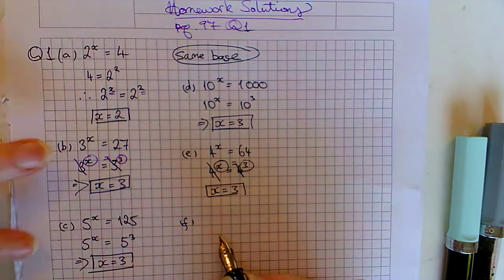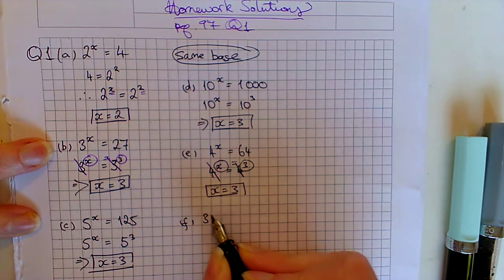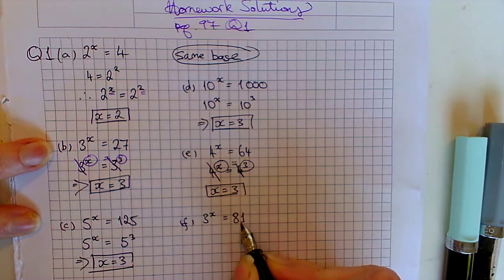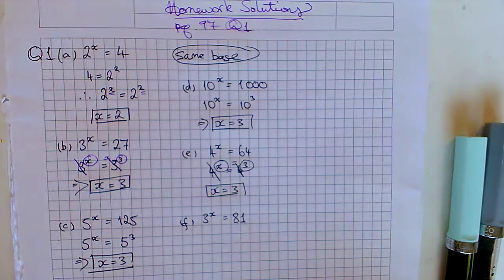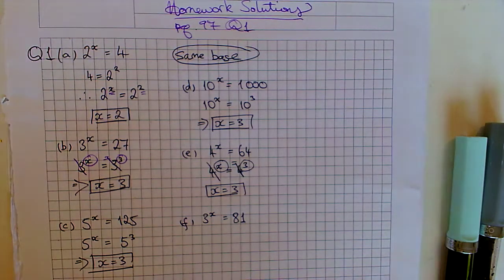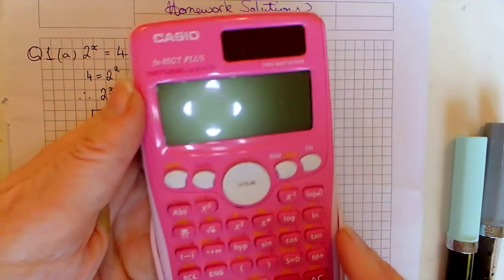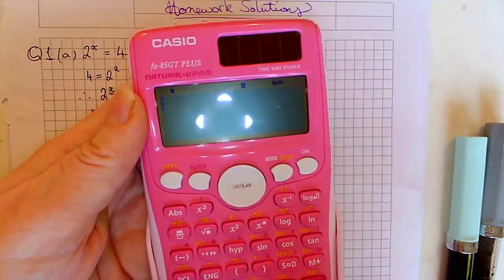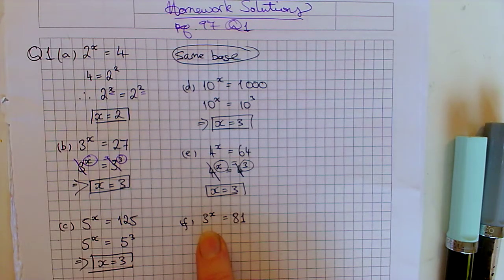Part F, 3 to the power of x is equal to 81. So here's one where it's starting to get a little bit more difficult, and maybe you don't spot it straight away. We did see this yesterday, so I'd hope you'd remember, but if you don't remember, that's okay. You can just use your calculator and say 81, okay, it's going to be 3 to the power of something. How do I know that?